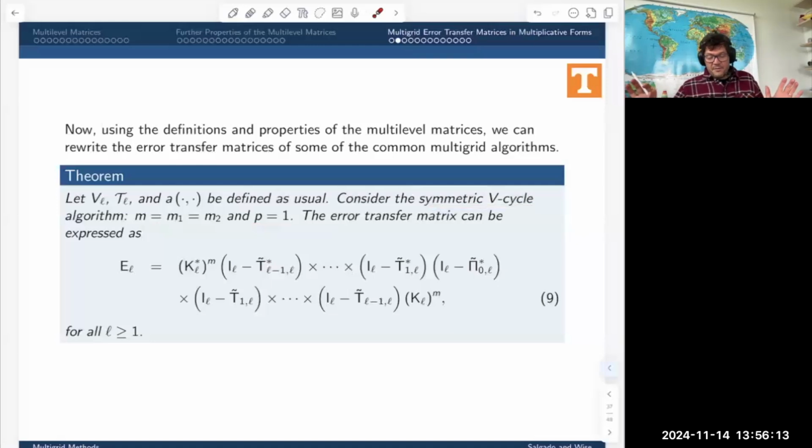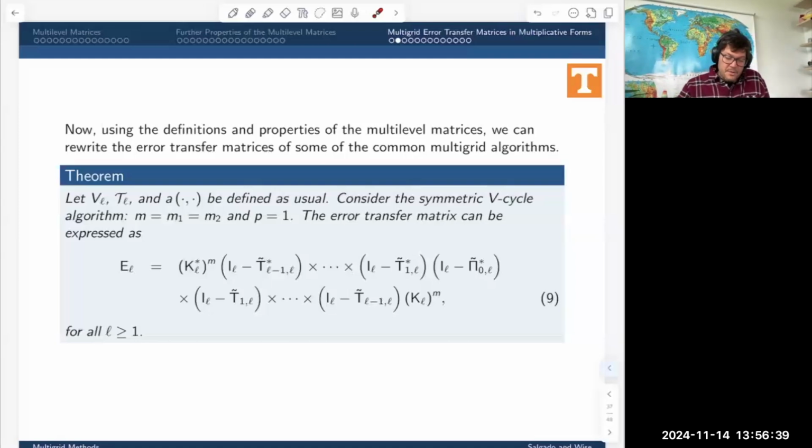And then we have this expression for the error transfer matrix. Previously, the only expression we had for our error transfer matrix was in some sort of recursive form. Well, now using these T matrices, we can write this as a product of error matrices.